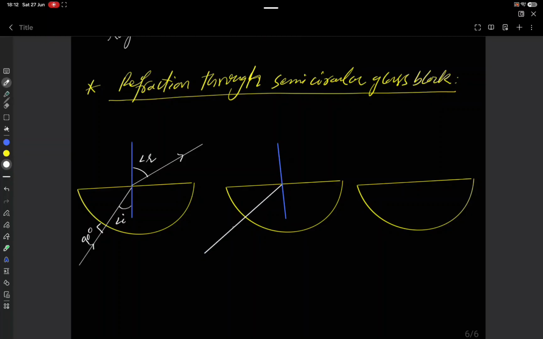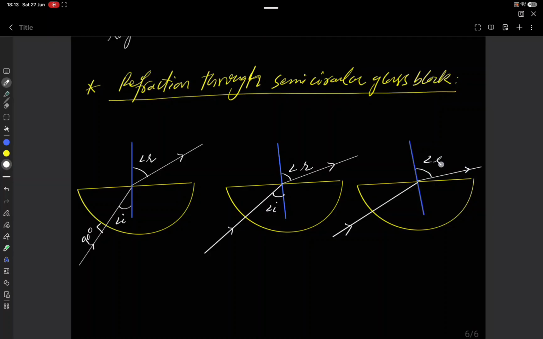So this one is increasing, more increasing. This is the angle i, more increasing, and angle r is also increasing.